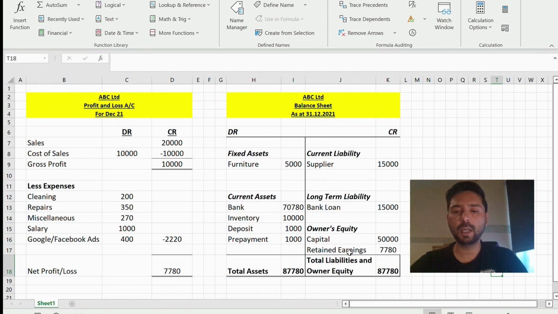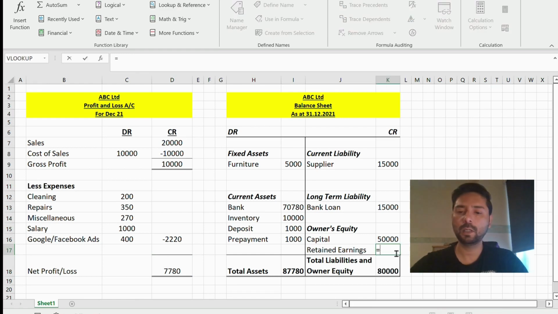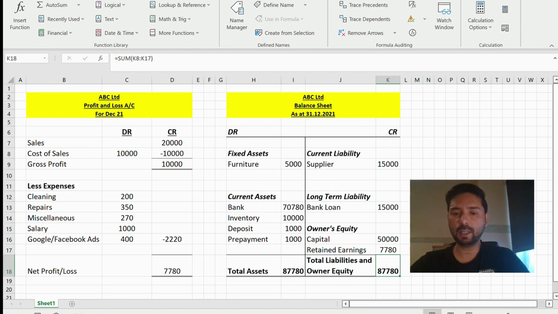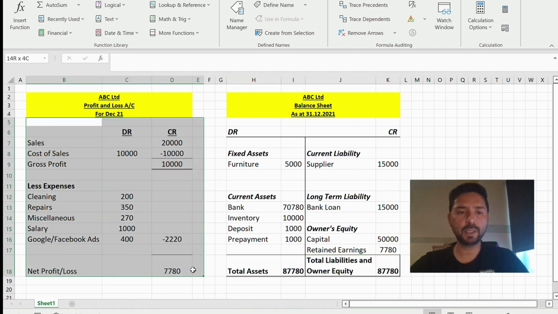But for now, let's just put this profit here. So this is basically it. Our balance sheet at the end of the day is balanced, and we saw how things went in the first month for this business.